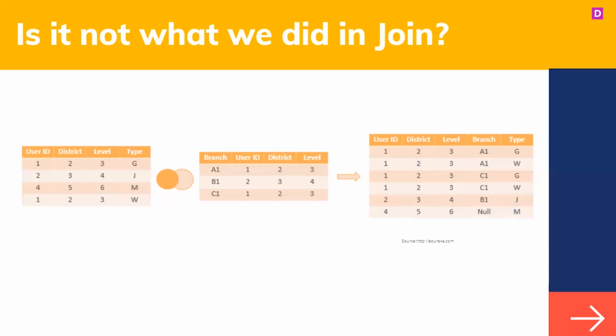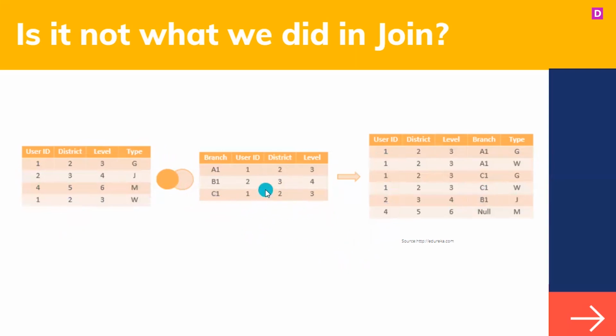So if you see here, all the rows in my left table should be there: 1, 2, 4, and 1, everything is there. You can identify this with the values G, J, M, and W. All of the values of the left table are there. In the right table, only matches will be considered.